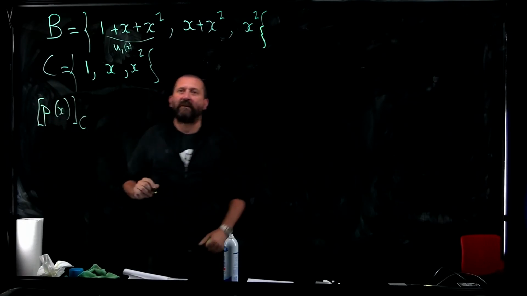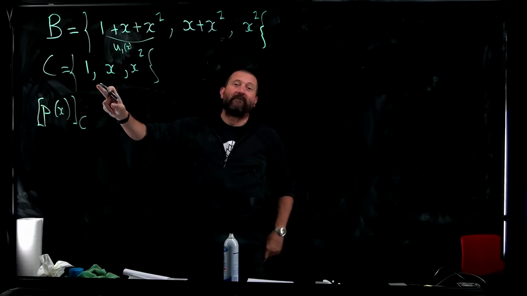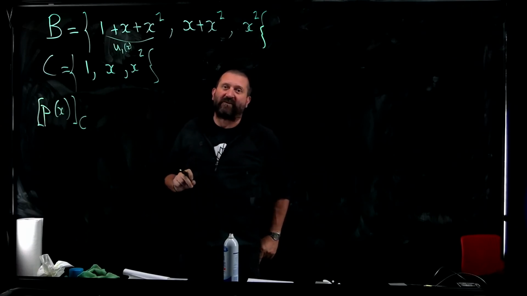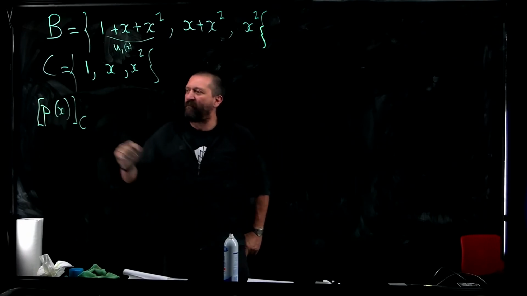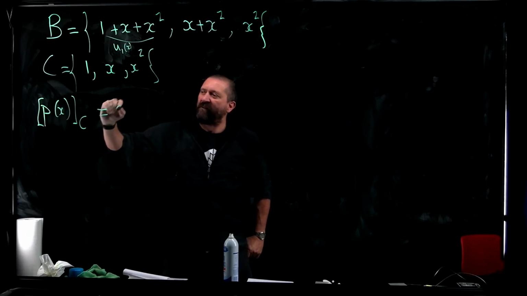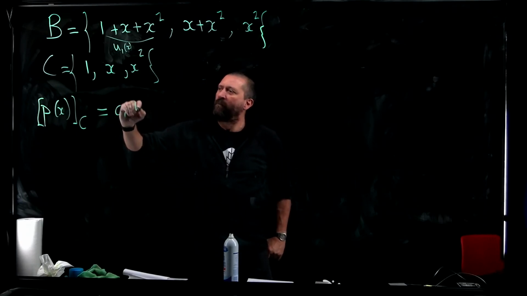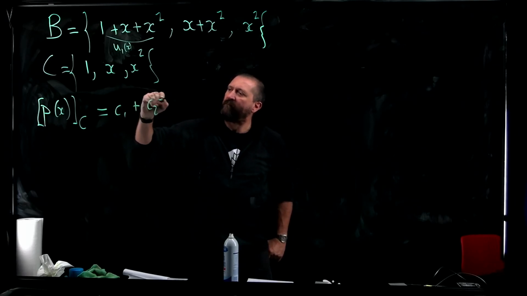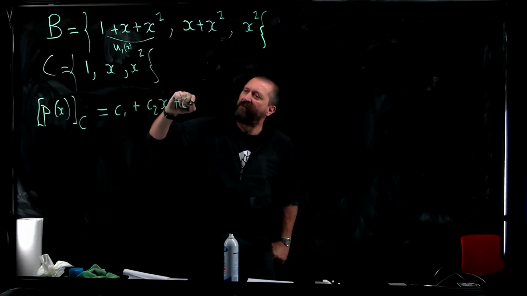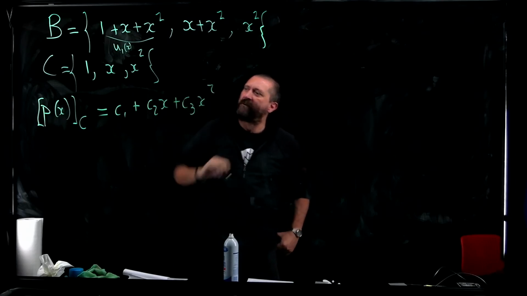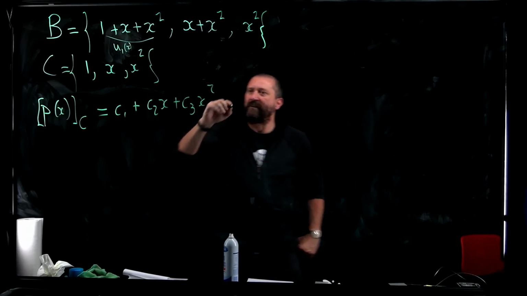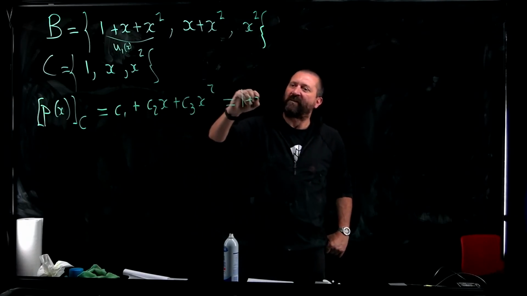The same way we can express P of x in basis C. And that's going to be much easier, and that's why this is the canonical basis of P2, because remember that what we want is C1 times degree 0, plus C2 times x, plus C3 times x squared, and that must equal 1 plus x squared.